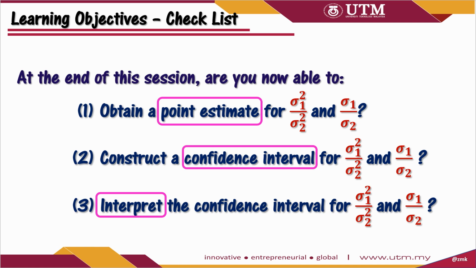Check if the confidence interval for the ratios contain the indicator value of 1 or not in order to verify if a difference between the population variances or between the population standard deviations could exist or not.